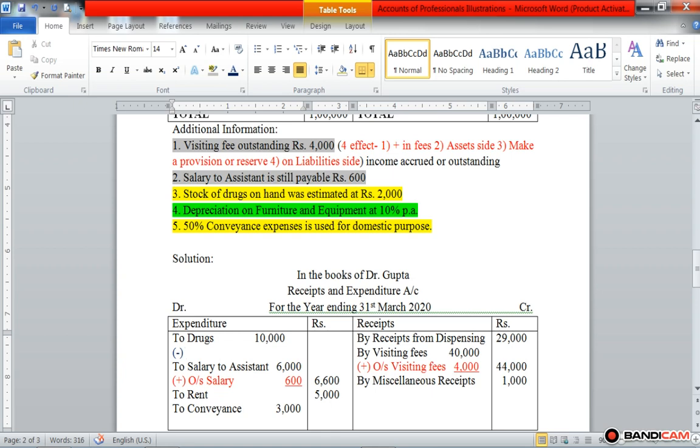So actual expenditure amounted to rupees 8,000, expenditure incurred for purchase of drugs.